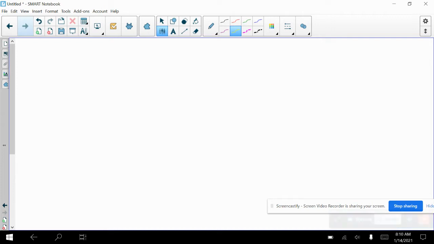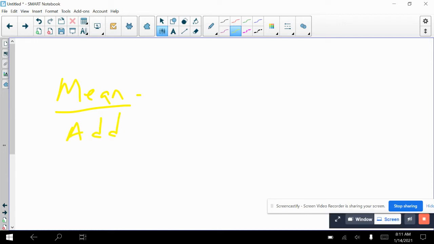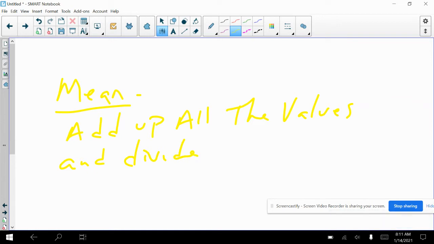So finding the mean. Anybody know the definition? Anybody have any ideas? Michael? Okay, how do you do it? You're right. Anybody know how to do it? Brady, yeah? Okay. You're going to add up all the values. We call them values, or we call them data sets.